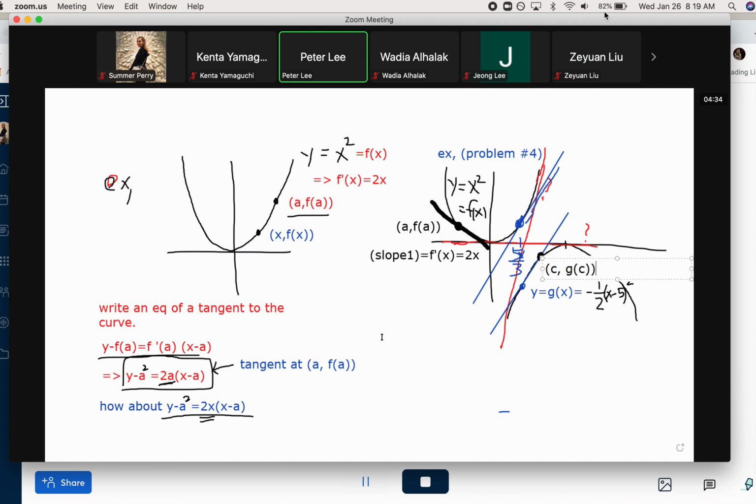So basically we have to do this. Find the tangent to y equals f of x at A comma f of A, and this will be line 1.